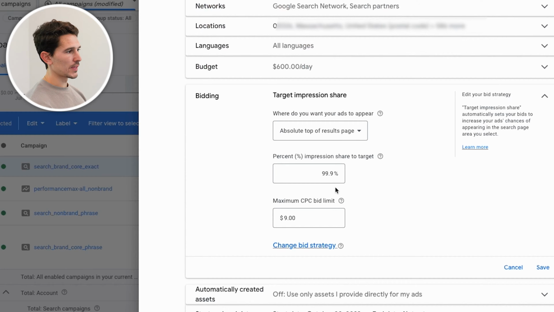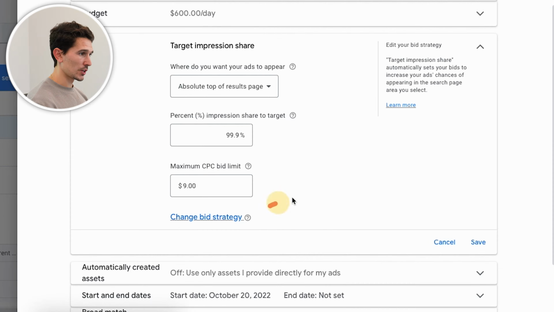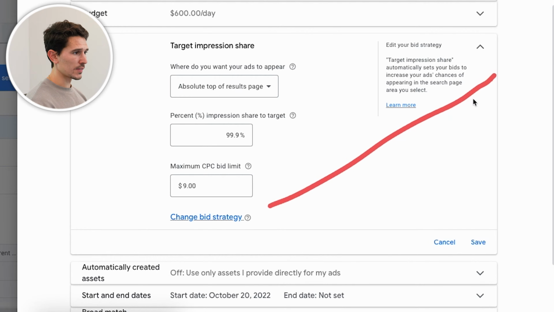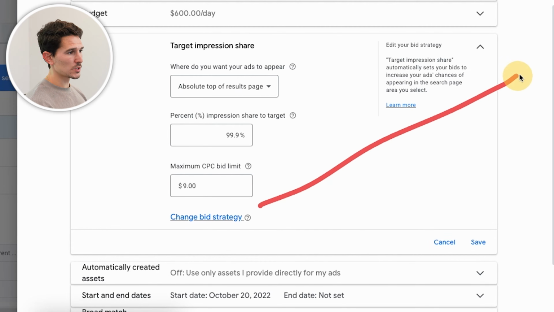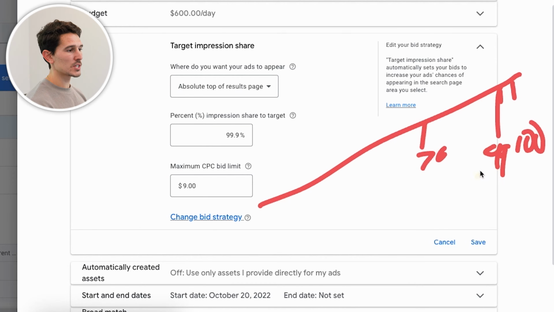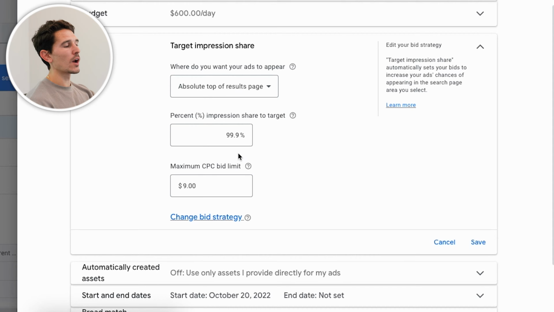So when we think about this 99%, it doesn't really work like your impression share forever climbs. You would think that the difference from here to here is nothing, but really in complete reality, the difference between here to here is as expensive as here to here, right? So the difference between 70% and 100% is almost the same as 99% and 95%, which is why it's really important for us to not overbid here and also don't underbid here.